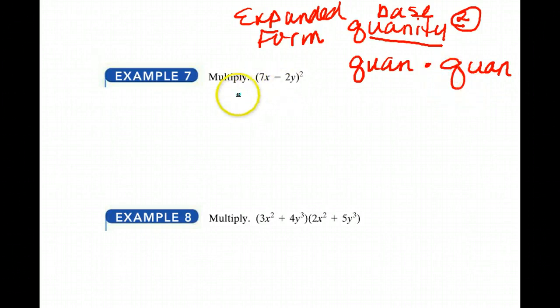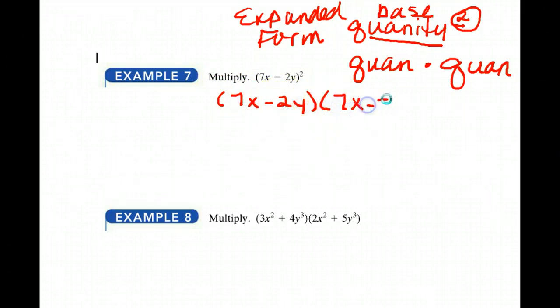So in order to correctly do example 7, you must expand it and have 7x minus 2y times 7x minus 2y. You may never, ever simply bump that exponent inside that quantity.